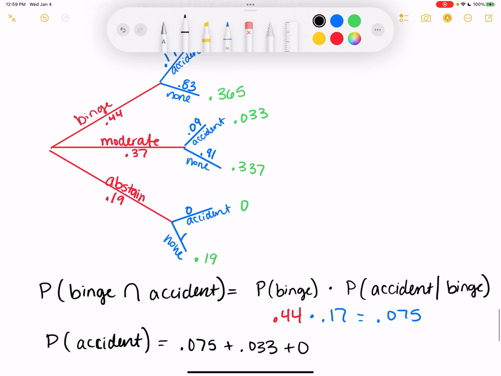Because we want the total accident, not the accident for each individual thing. And that is 0.108. And we just did this by adding all three joint probabilities. So basically what's written in green are the joint probabilities.